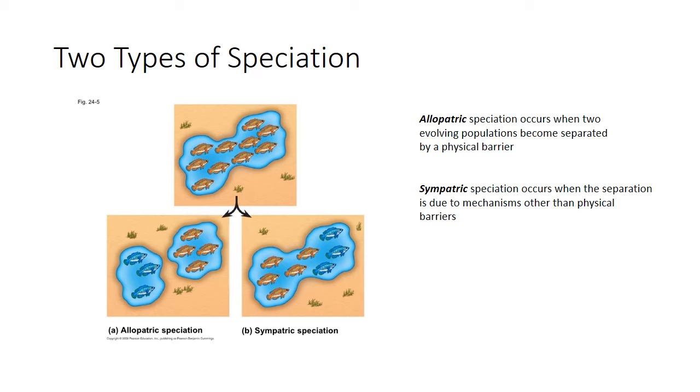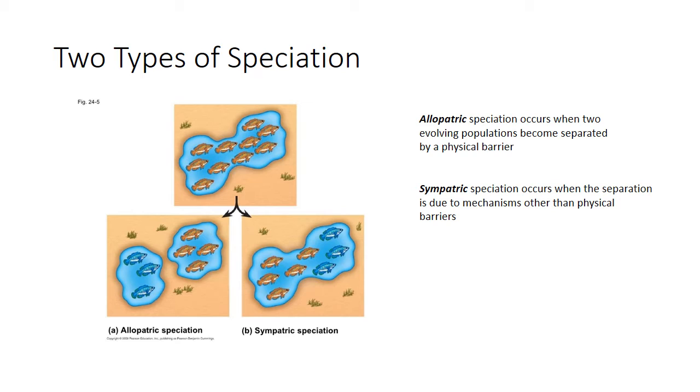The definition of these two types of speciation is based on the Latin word patria, which means fatherland, place of birth, native country, etc. And according to this criterion, speciation can be allopatric or sympatric. Allo means another, right? And sym means the same.